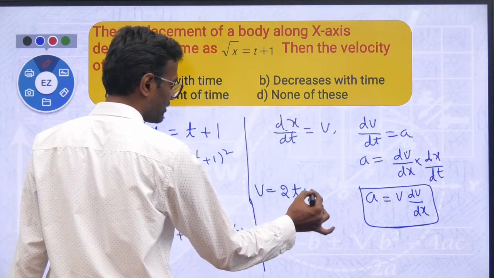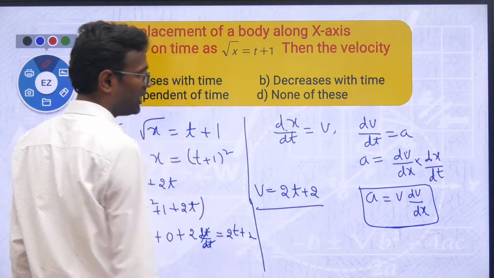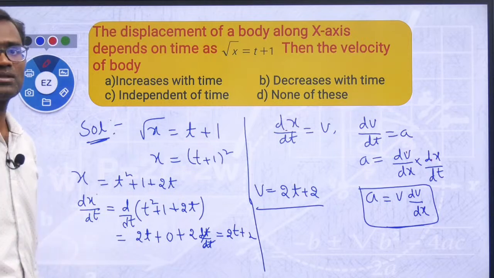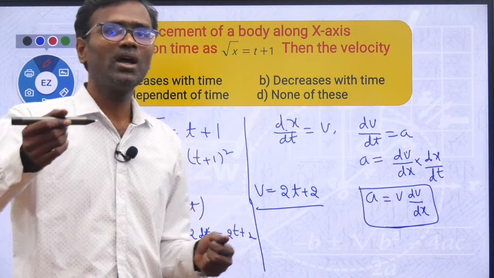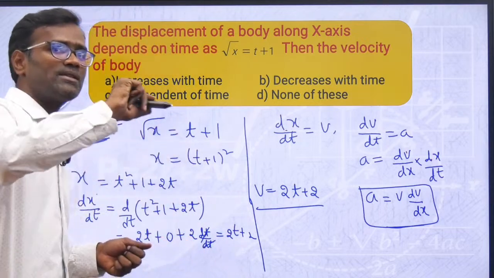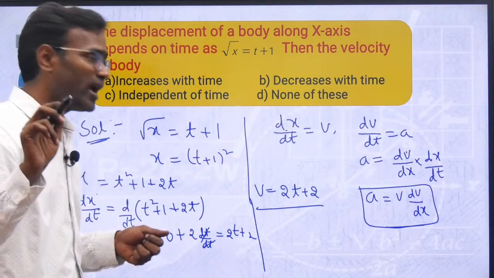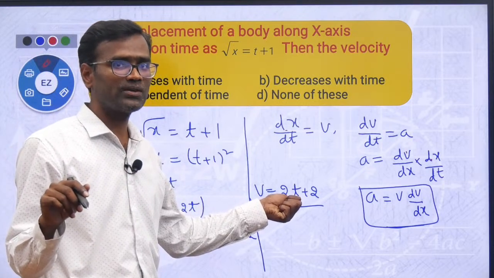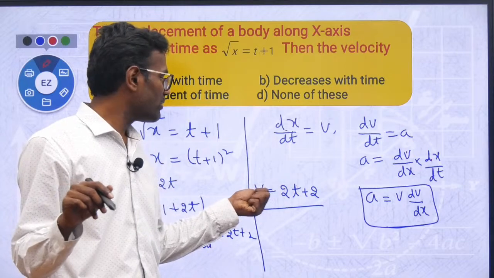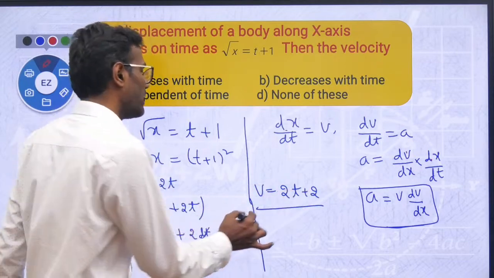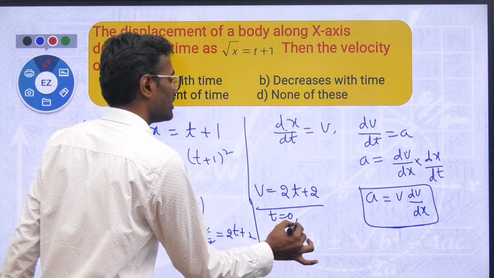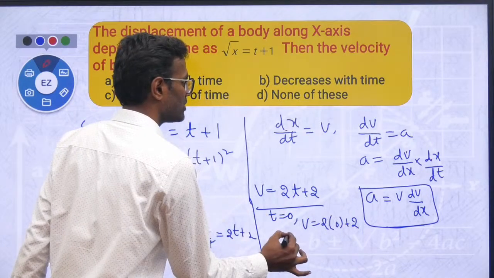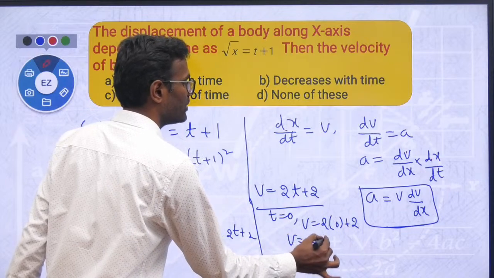So this is a function of time. Finally we have the velocity relation in terms of time. Just observe, time is never negative, so time is positive. If you put time equal to 0 at the start, v is equal to 2 into 0 plus 2, so v is equal to 2 meter per second.